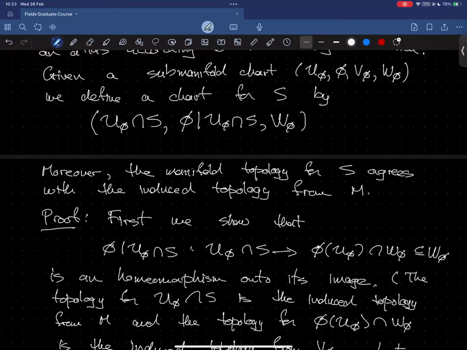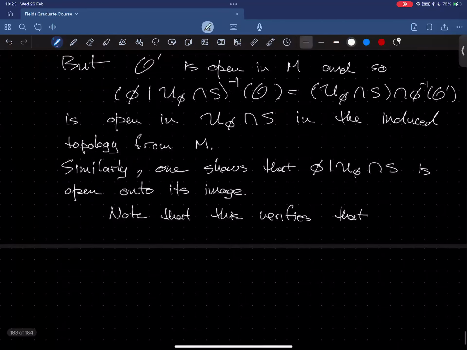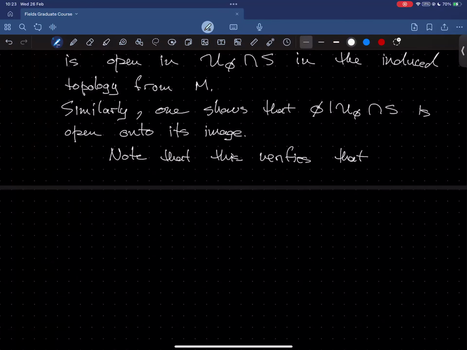The things that we just proved actually give us that for free. So note this verifies that phi restricted to, because this is our chart map now. One of the tedious things here is the chart map is cumbersome. That's the chart map. It's that whole thing.